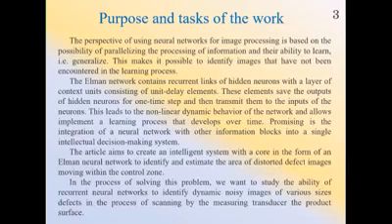In the process of solving this problem, we want to study the ability of recurrent neural networks to identify dynamic noisy images of various sizes defects in the process of scanning by the measuring transducer the product surface.